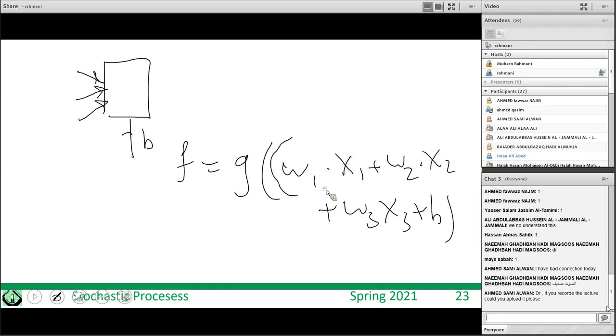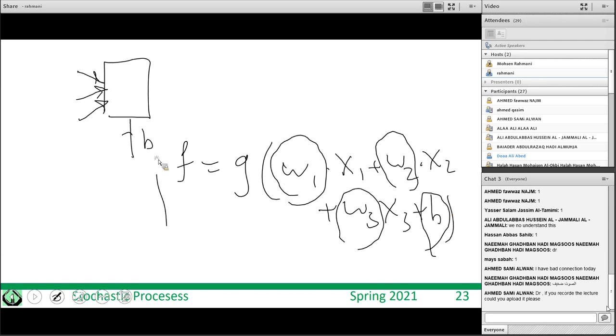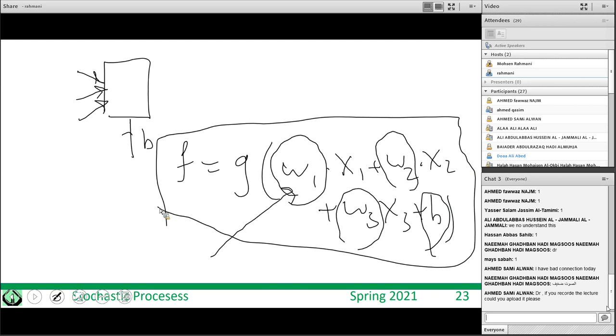Here we have to find W1, W2, W3, and B. How do we find this? We can use the same method as I used right now. We can start with values for W1, W2, W3, and B, and we can update them.